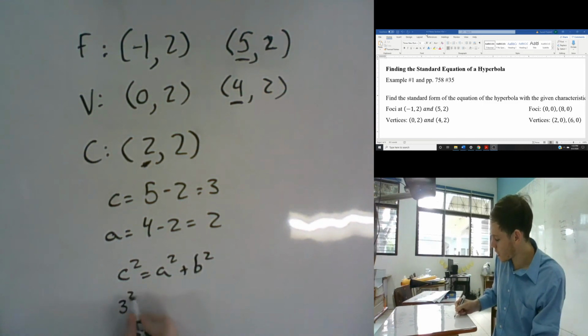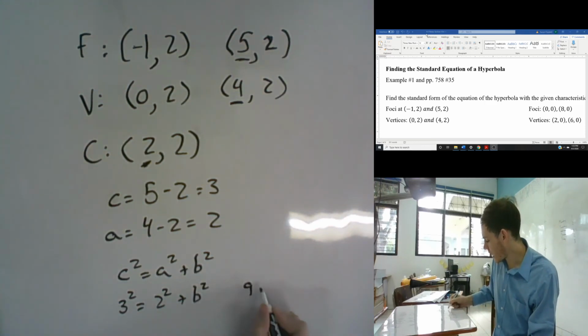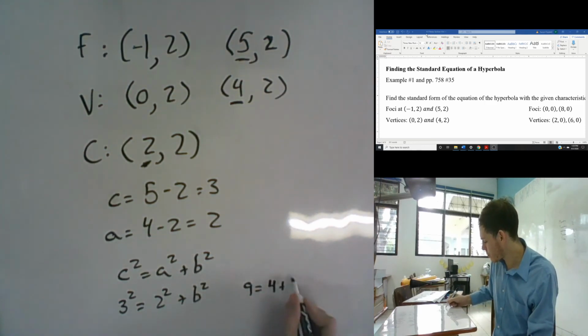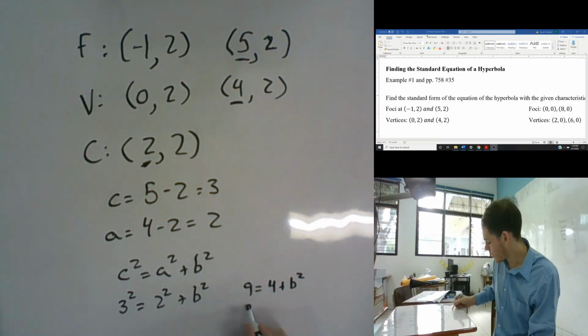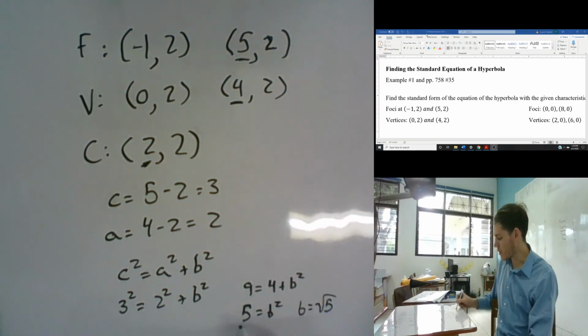So 3 squared equals 2 squared plus b squared. So 9 equals 4 plus b squared. 5 equals b squared, so b equals square root of 5. Or you could say b squared equals 5, and a squared equals 4.